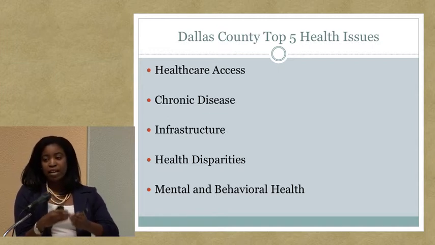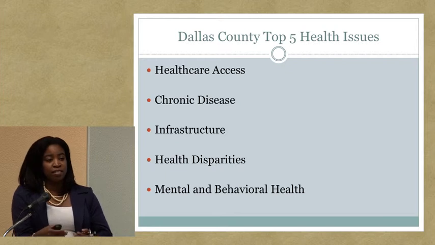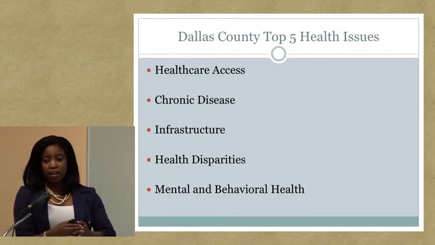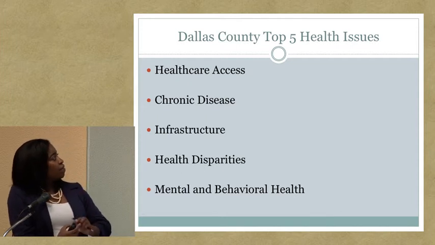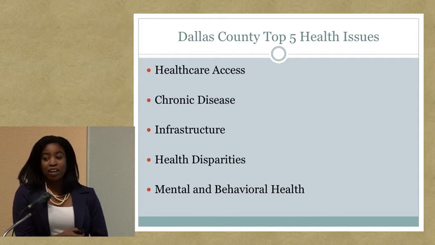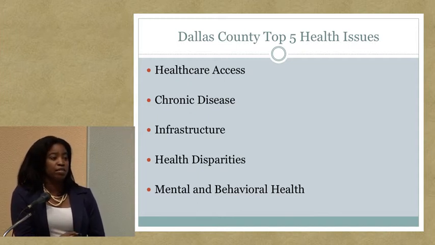So diagnoses of multiple chronic diseases in the same person is what we came up with. How can we focus on risk factors for diabetes, cancer, all these diseases that we're finding put together? And then health disparities is something we had to be very careful with, but it is a real issue to address.